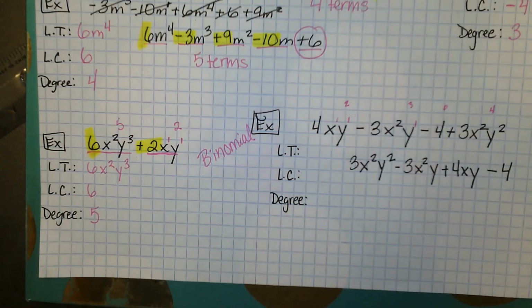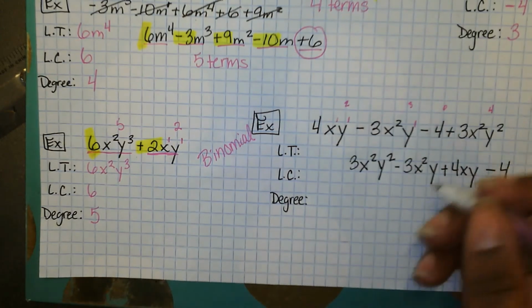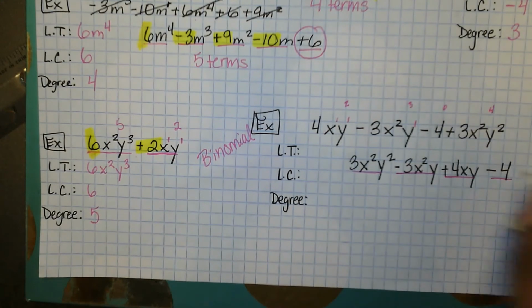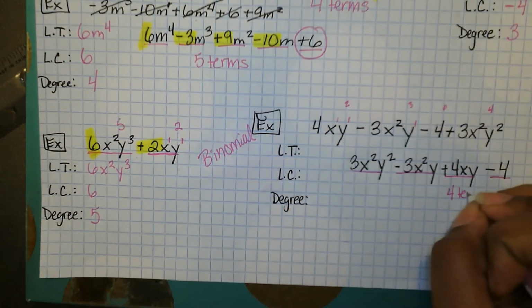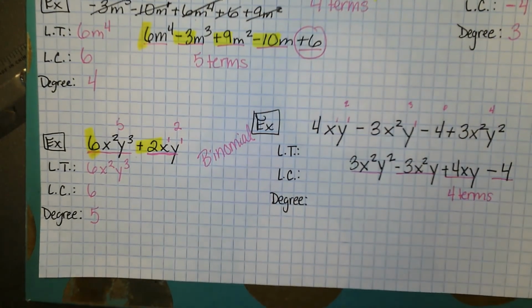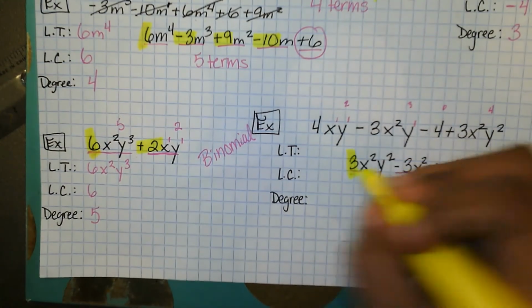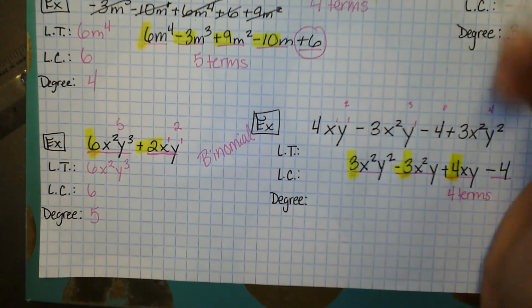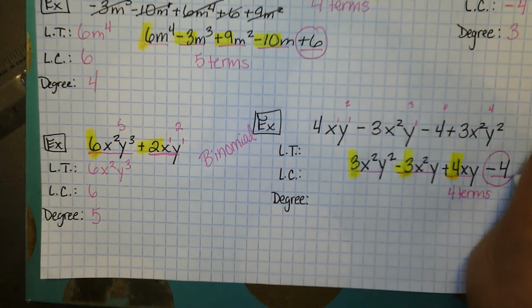Now that we have that in standard form, let's finish this off. We have 1, 2, 3, 4 terms. Our coefficients are 3, negative 3, and 4. And we do have a constant this time, so we'll circle the negative 4.